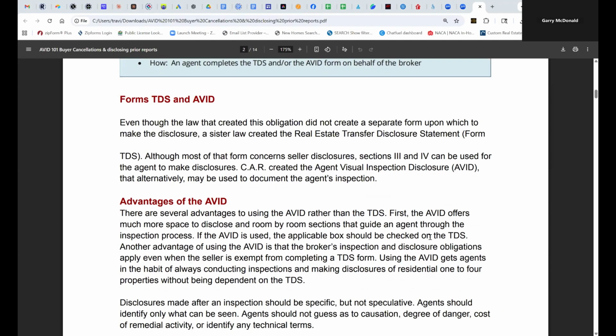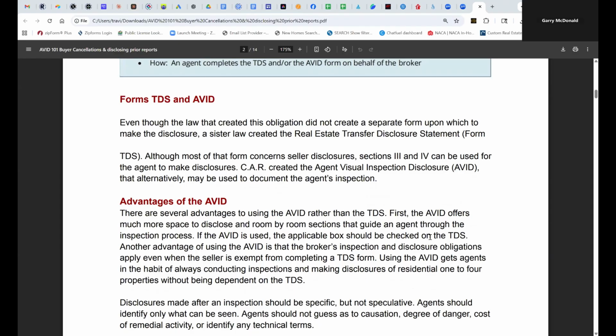Forms: TDS and AVID. Even though the law that created this obligation did not create a separate form upon which to make the disclosure, a sister law created the Real Estate Transfer Disclosure Statement, known as the TDS.